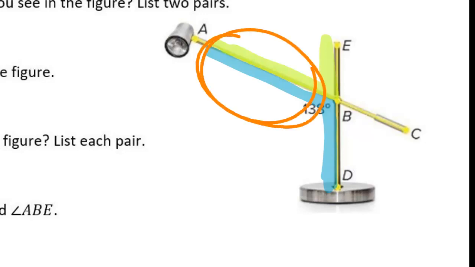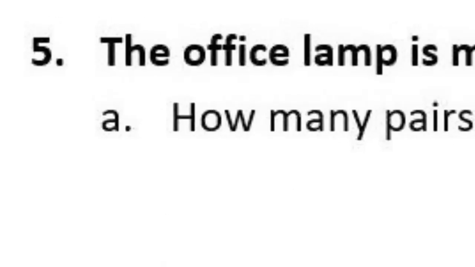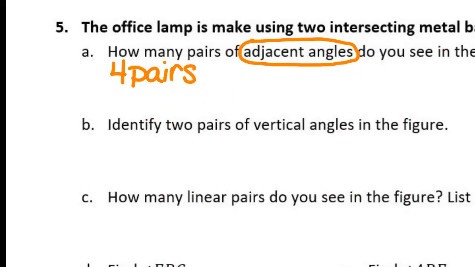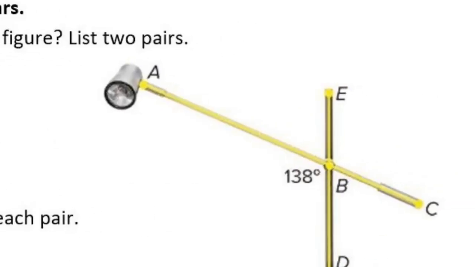They share this side right here. So we have four total pairs of adjacent angles. And we were asked to list two of them. So let's go find two that we can list out for this.